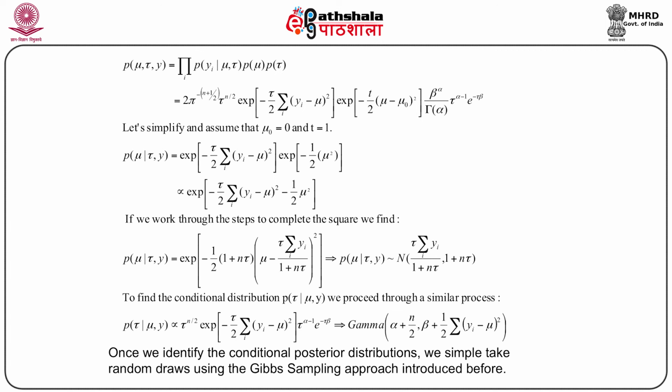So you will get that the conditional distribution of mu given tau and y is normal, and the conditional distribution of tau given mu and y is a gamma distribution. Once we identify the conditional posterior distributions, we simply take random draws using the Gibbs sampling approach introduced before.